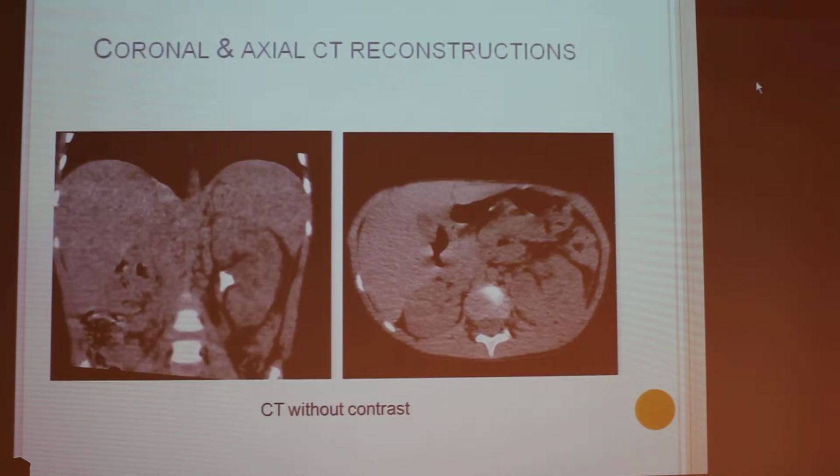After that, a CT was performed. On coronal and axial CT reconstruction, firstly without contrast, we could see nephrolithiasis with ureteropelvic junction obstruction.